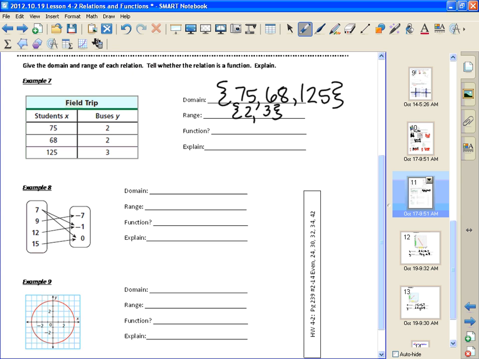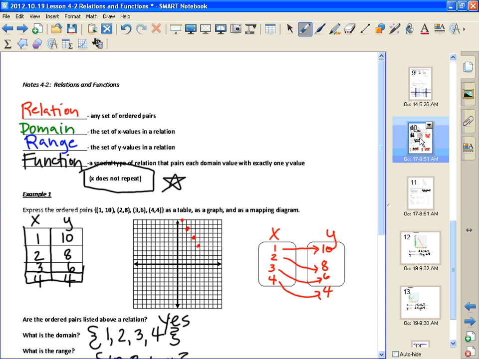Okay, now here's a new question. The question is, is it a function? If you look back at the first page of your notes, it says that a function is a special type of relation that pairs each domain value with exactly one y value, and the main point is that the x values do not repeat.